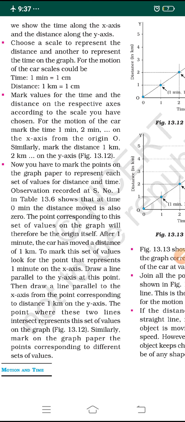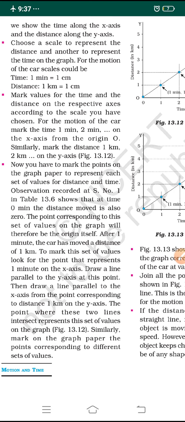Then draw a line parallel to the x-axis from the point corresponding to the distance 1 kilometer.